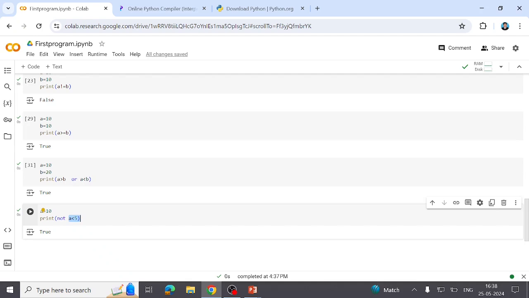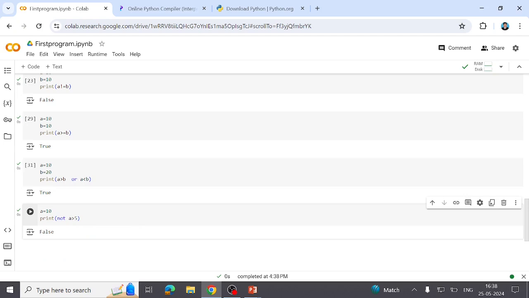Like this, if the value of a is greater than 5, this condition generates true, but by using not it is reversed.